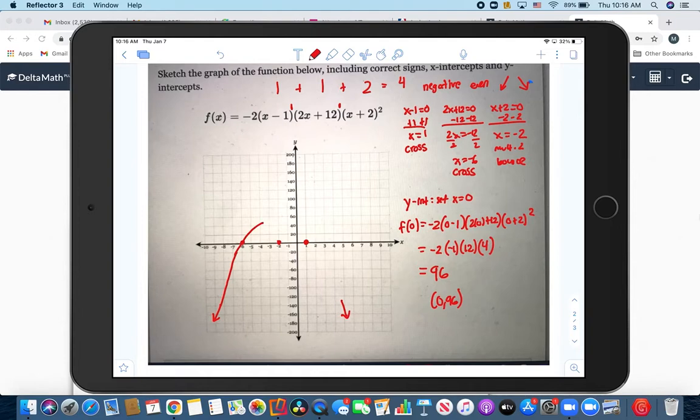At -2, it is a bounce, so we're going to bounce. Now, remember, the y-intercept, which is where we're going to cross, is (0, 96), which is right around there. And then at x equal to 1, you guys, it is a cross. So unfortunately, I cannot draw, but that is what your image is going to look like to some degree.